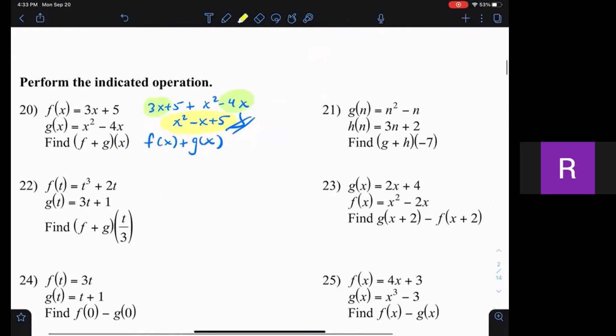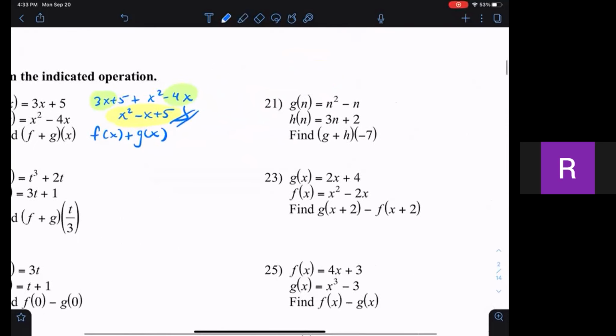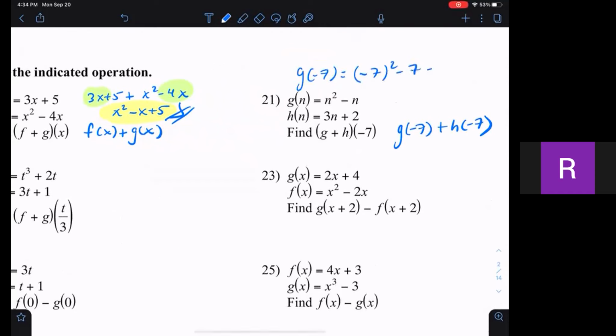21, just basically apply the rule. So here they want you to find g of negative 7, right? So this is g of negative 7 plus h of negative 7. So plug negative 7 in each function, respectively. If you get negative 7 squared, there you get 49. Apply here, right? G of negative 7, if you want to do step by step. So this is going to be 49 minus 7, right? So that's going to be 54, right?